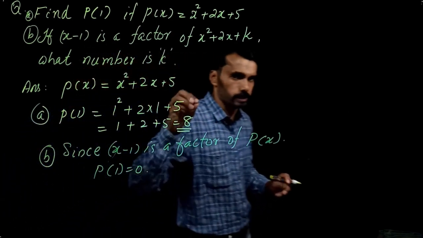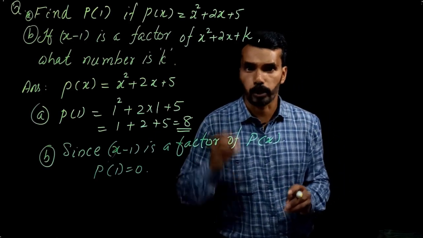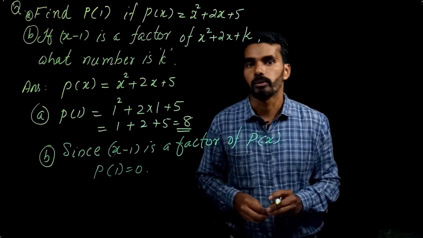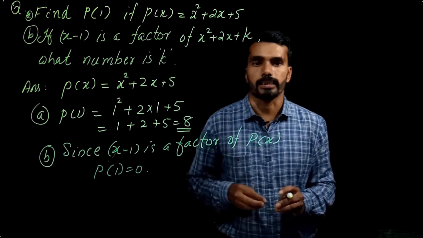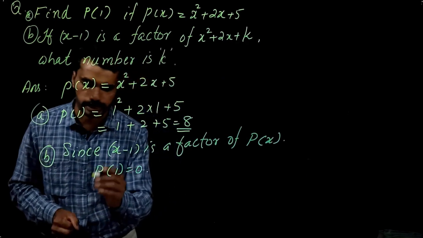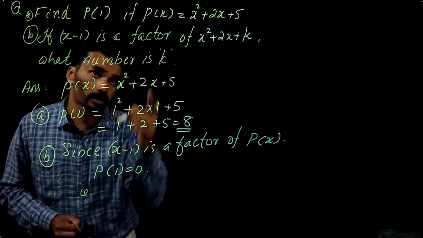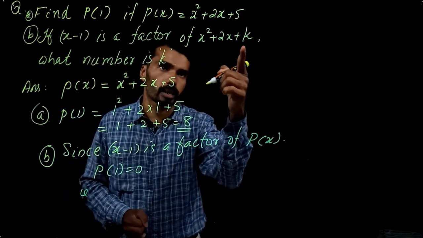That is, if the first degree x minus a is a factor of p of x, then we have p of a is equal to 0. So here p of 1 is equal to 0. That is, what is p of 1? Here we substitute x is equal to 1 in this question.